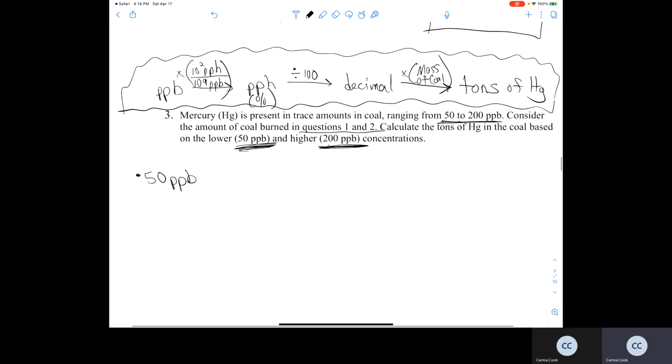Take the 50 parts per billion and convert it to parts per hundred.